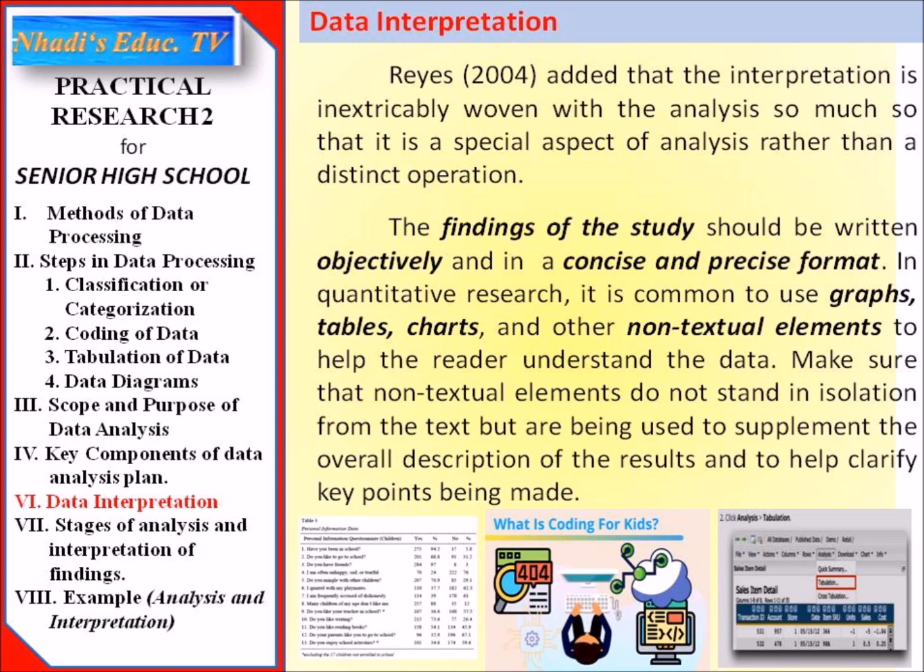In quantitative research, it is common to use graphs, tables, and charts and other non-textual elements to help the reader understand the data. When we say non-textual, it should consist of numbers and figures. Make sure that non-textual elements do not stand in isolation from the text but are being used to supplement the overall description of the results and to help clarify key points being made.